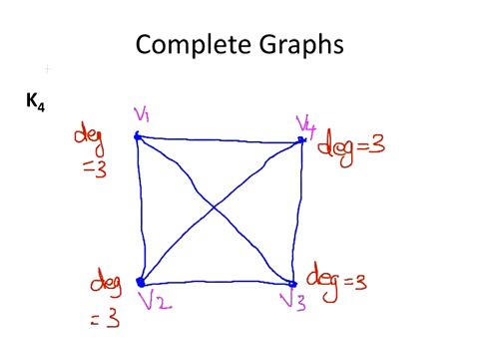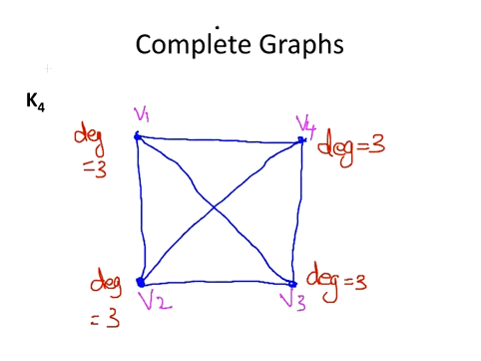Now we're going to do it for K4 and see if our rule works. So here we have K4. We have 4 vertices. Each vertex has degree 3 and there are 6 edges.